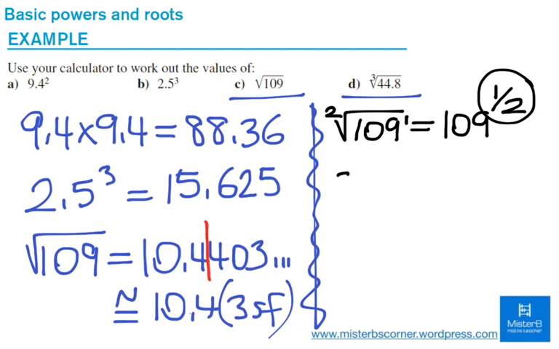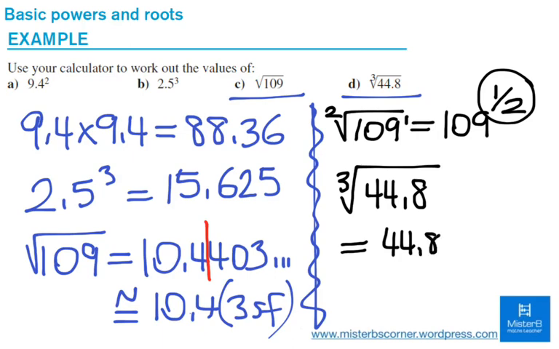Or if it is the cube root of 44.8, I can write this as 44.8 to the power of 1 over 3, indicating the root in the denominator. So that's another way of expressing roots.